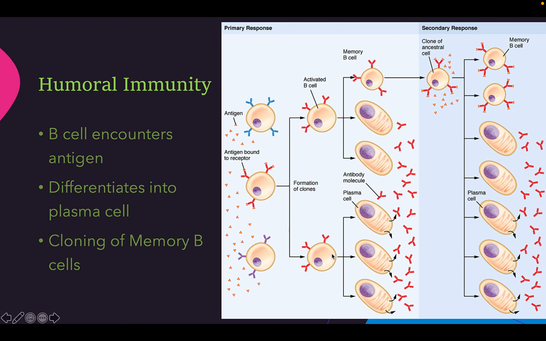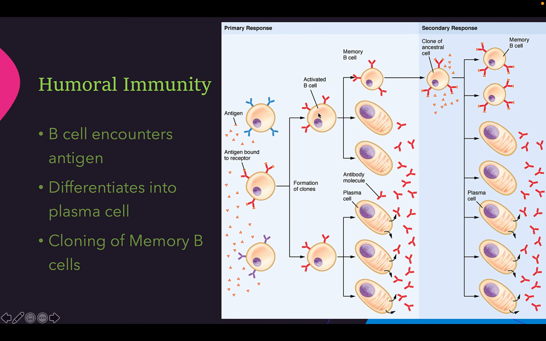So the process of humoral immunity or immunological memory is you have these B cells that have antigen receptors. So they have receptors for recognizing antigens from different pathogens. These B cells will make contact with those antigens and then be activated.